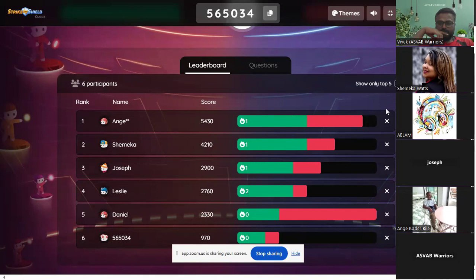Yes, you can use the shield power up to shield your score, and you can use the strike power up to strike someone else's score.